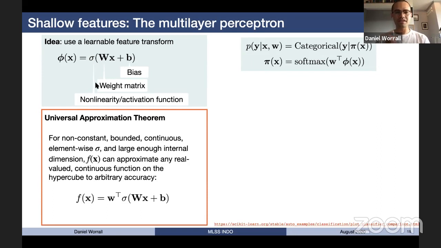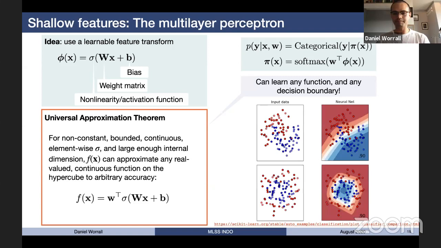So this decision boundary can be any shape we want it to be, if we have a learnable feature transform of this kind with a large enough inner dimension defined by this equation. So that's super cool. Now we can learn any function we want, anything at all. You name it, we can learn it.